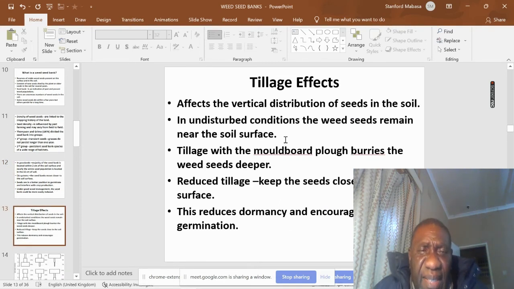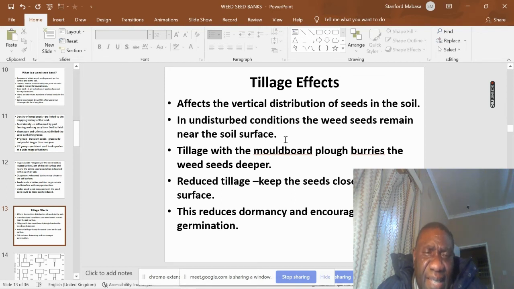Now let us look at the tillage effects. Tillage affects the vertical distribution of seeds in the soil. We have been talking about weed dispersal within short distances within the soil, what we call vertical seed dispersal.